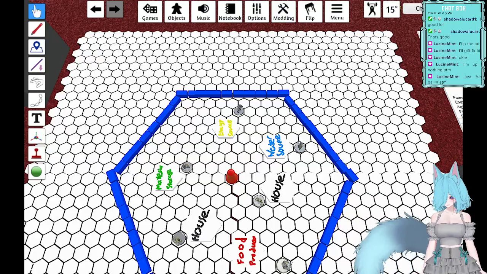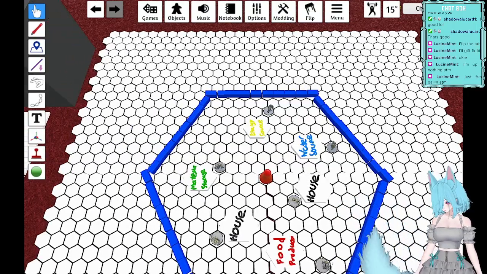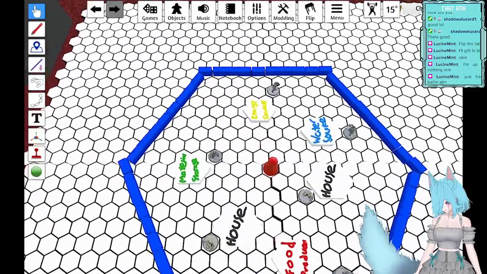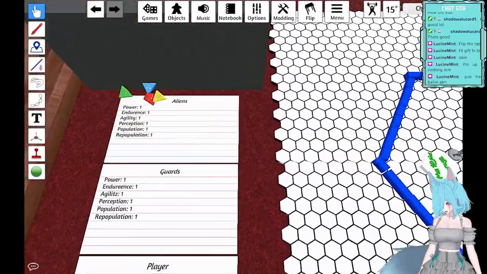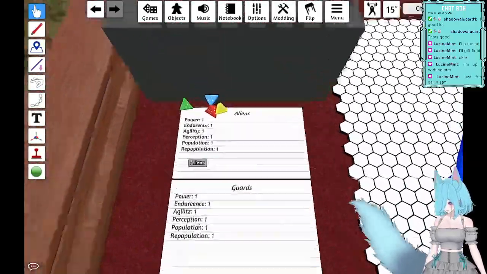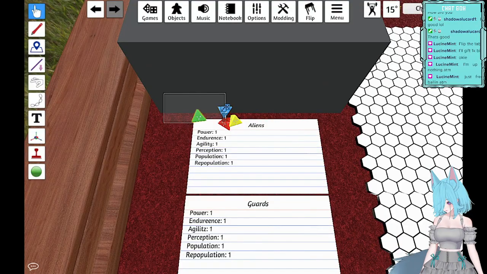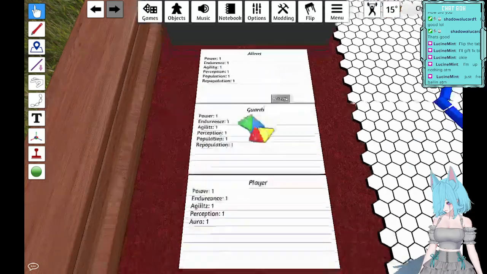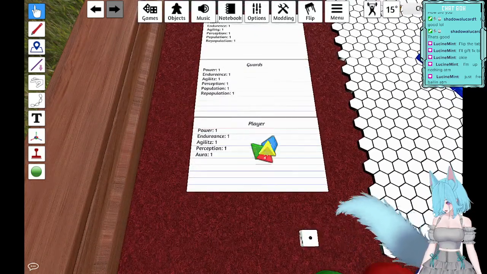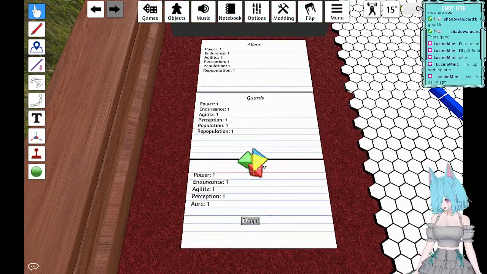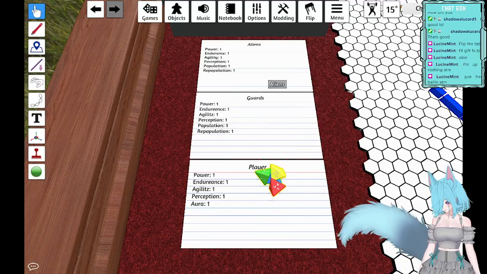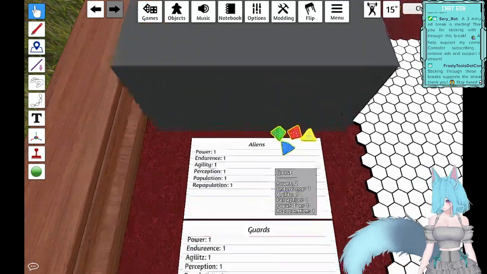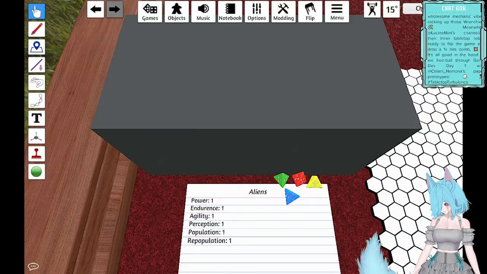So, let's just get started. We start with our own movement and then move the guards. Currently, all sets... Oh no, wait. The very first start is, we give the aliens their stats for the invasion. Alright, what do we have?